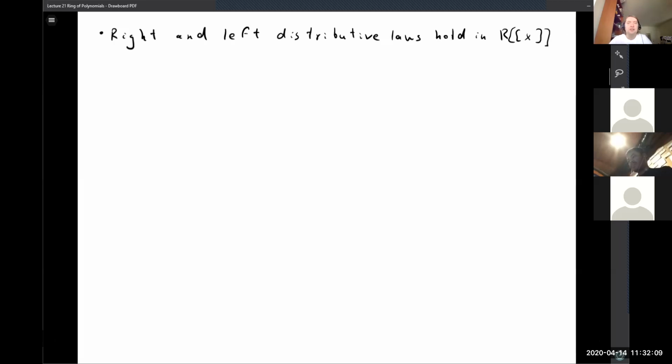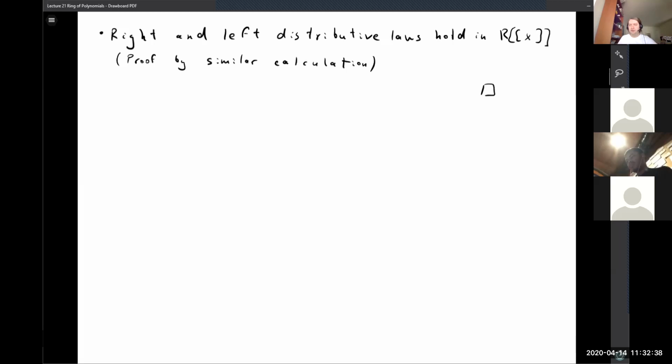I won't write this down, of course. The proof is by similar calculation. Okay, so this concludes the proof of our first theorem. So now we have a ring of formal power series.